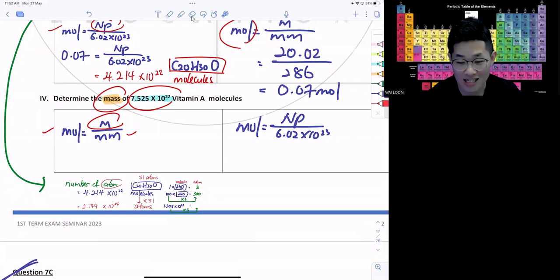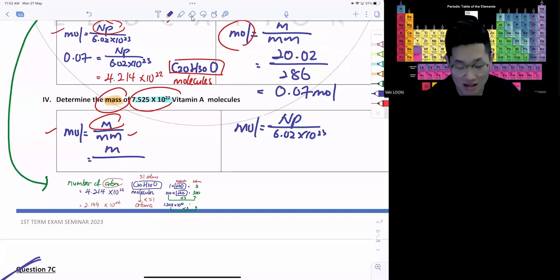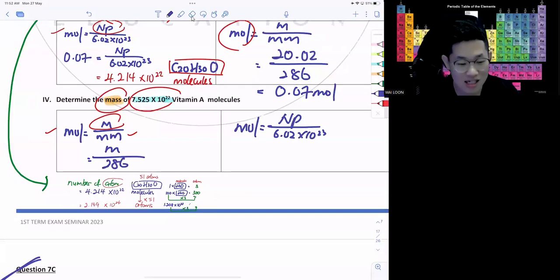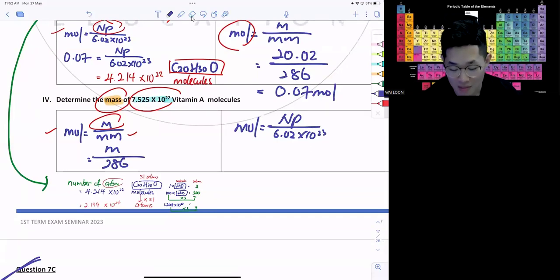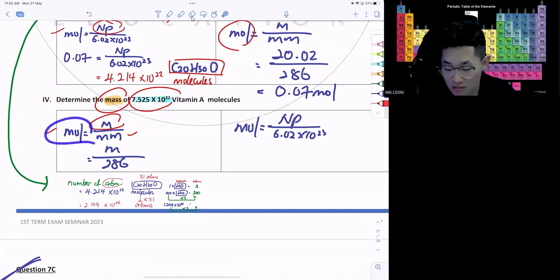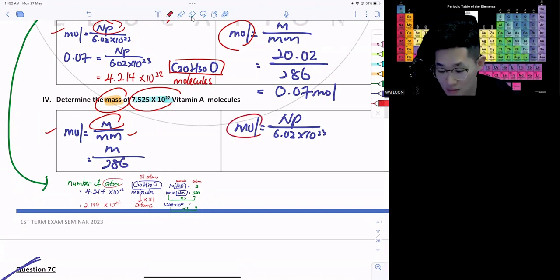So let's say I start doing with this here. I do know what's my mole. Okay, mass is what I'm looking for. Molar mass, I got 286. That means I still need a mole now. So this one I have to find mole. And also very obvious that this value can only be sub here.